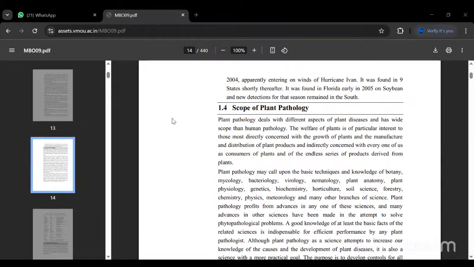Plant pathology deals with different aspects of plant diseases and has a wider scope than human pathology.